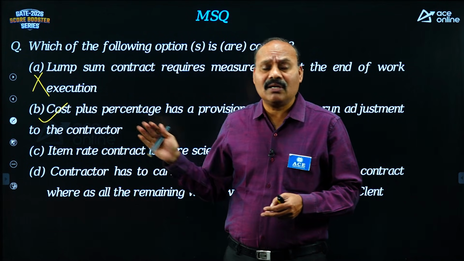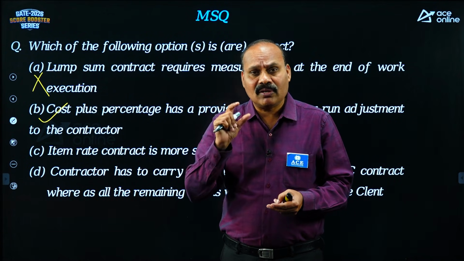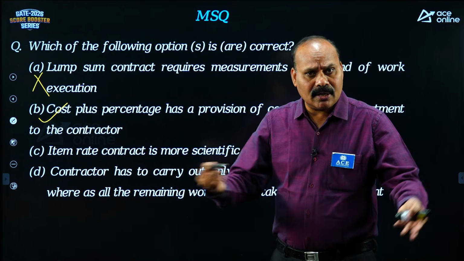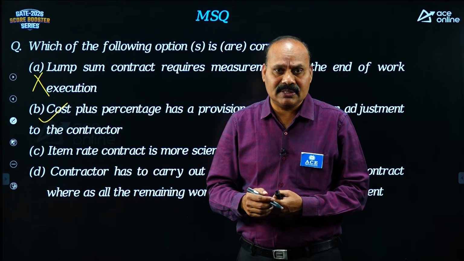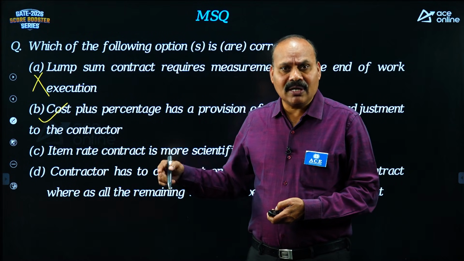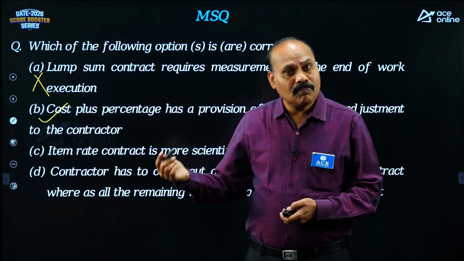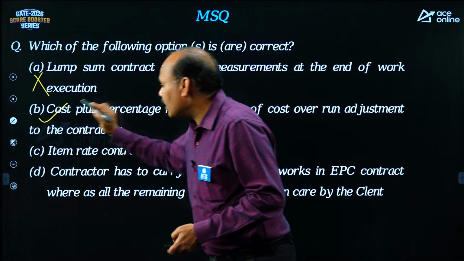In such cases, generally cost plus percentage is executed, particularly for urgent and emergency works. The contractor is permitted to take up the work with his own estimations. So there is a possibility of cost overrun, and the contractor is getting a benefit in this. So this is actually correct.